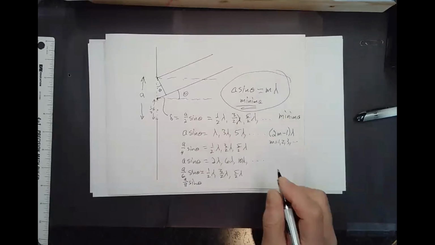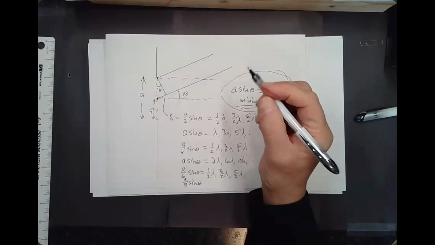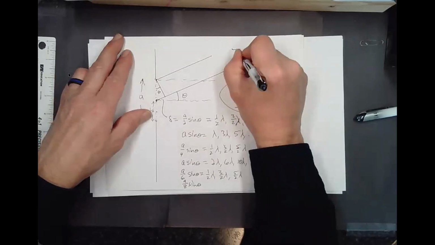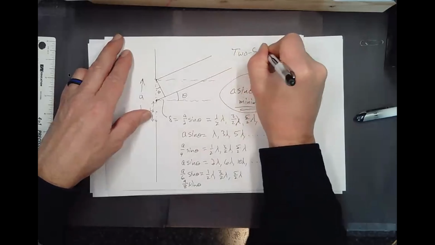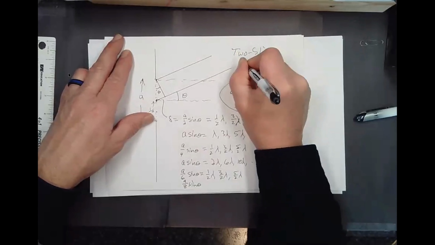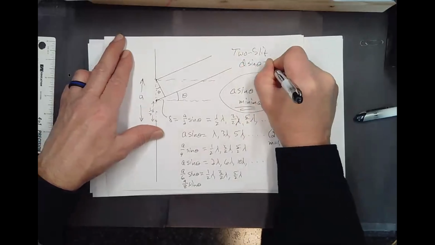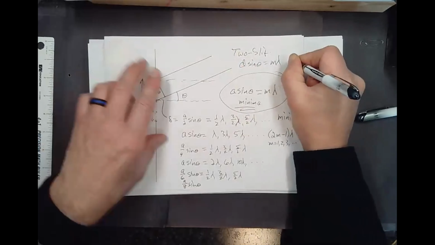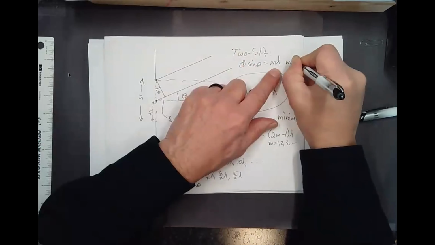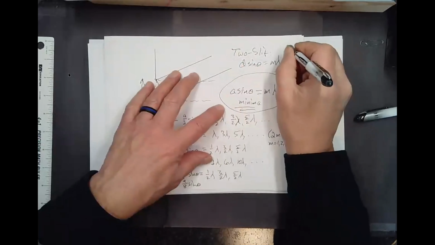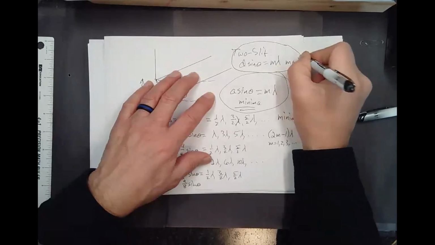Okay. Now, for the two-slit interference pattern, we had d sine theta equaling m lambda for maxima. And so this is different.